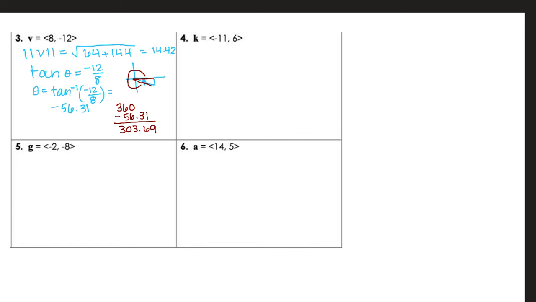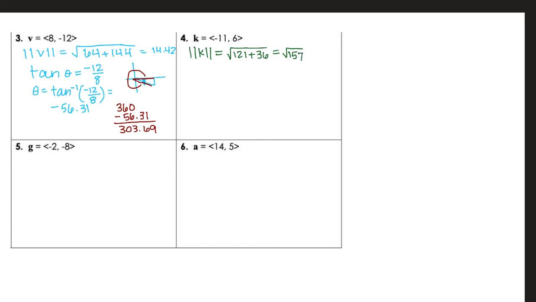Okay. And so for number 4, very similar, we are going to, again, find the magnitude of k. It's going to be the square root of 121 plus 36. So we're going to get the square root of 157.